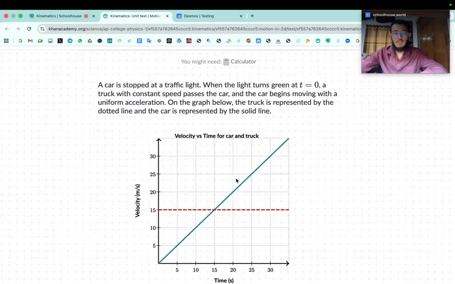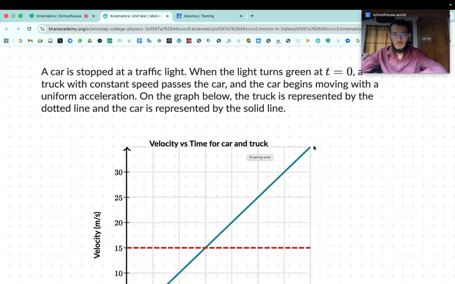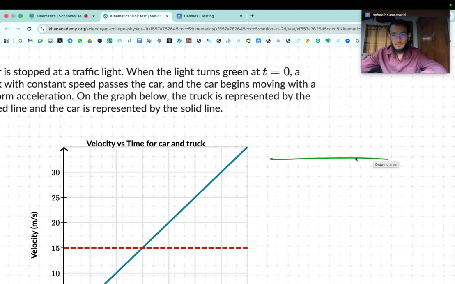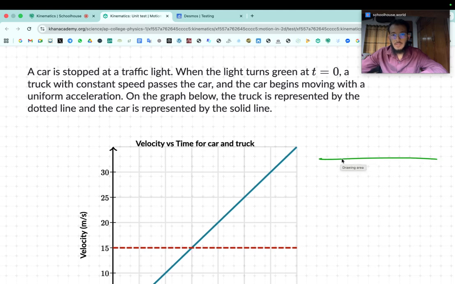All right, question 3. A car is stopped at a traffic light. When the light turns green at time t equals 0, a truck with constant speed passes the car. Okay, there is a car, t equals 0.